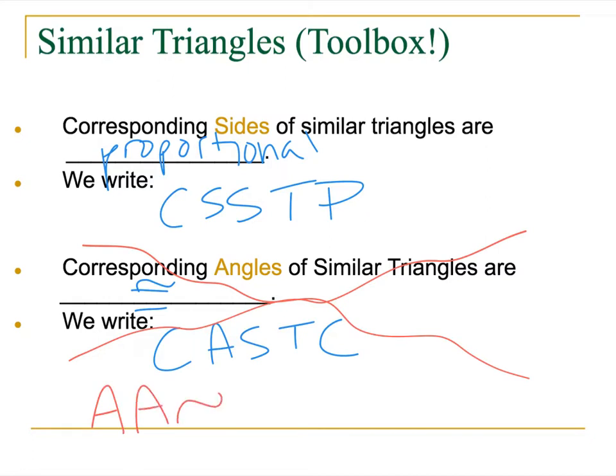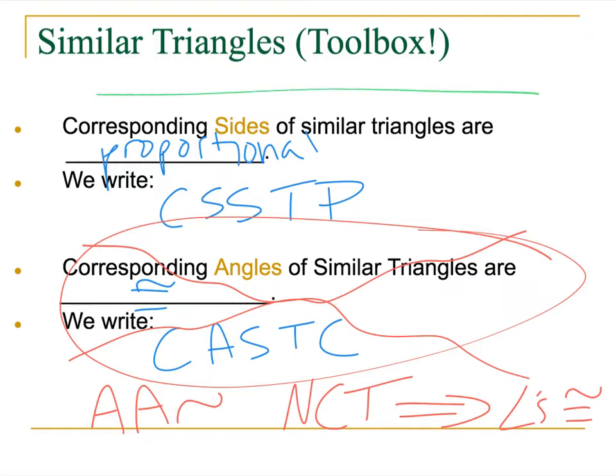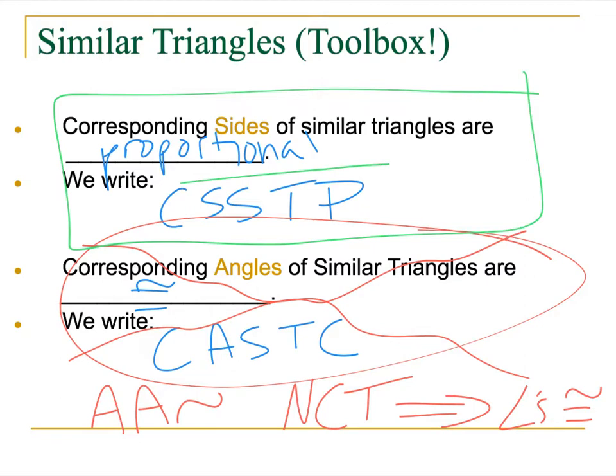Angle-angle similarity. And if 2 angles of a triangle are already congruent, the no choice theorem gives us the third pair of angles congruent. So what is the point of this if we're already at angle-angle similarity, right? This one up here is the one we will use, and you can abbreviate it as such, CSSTP.